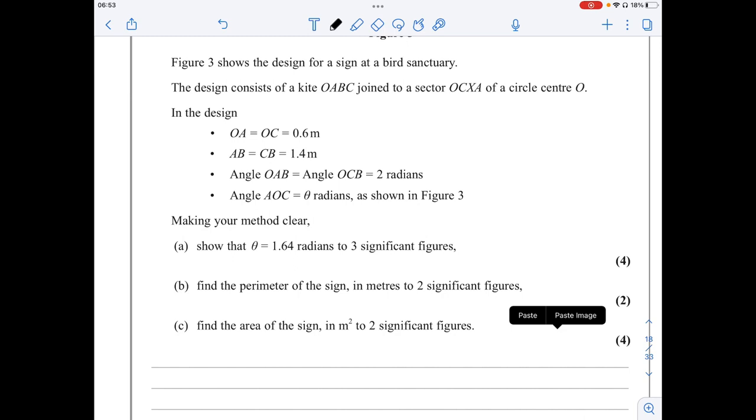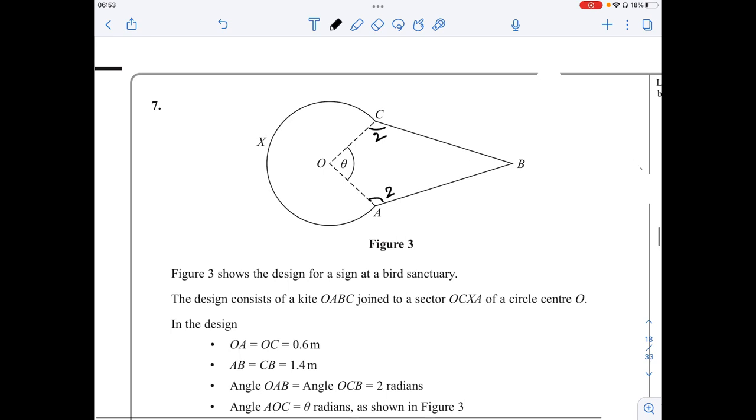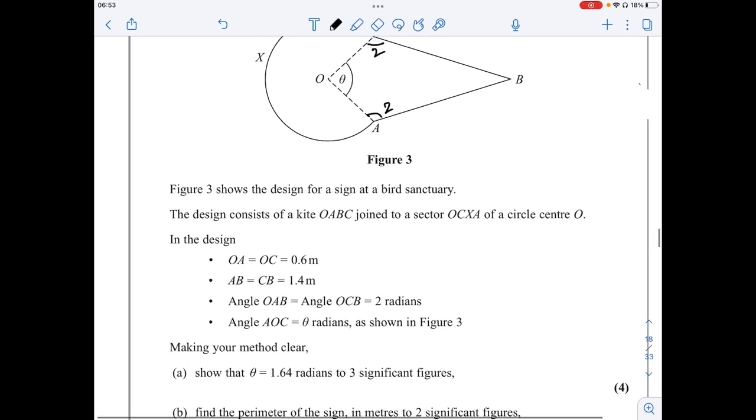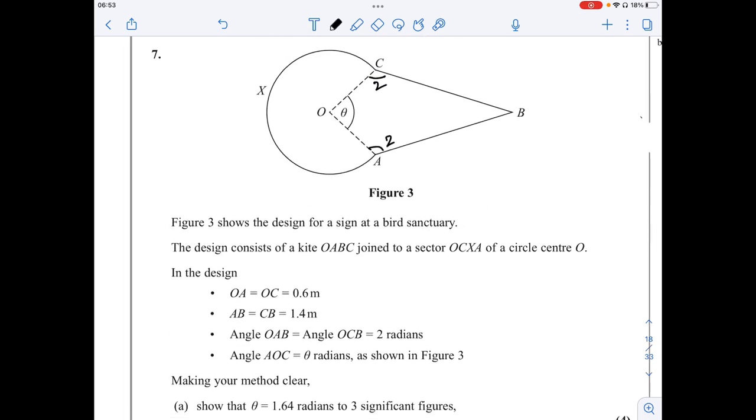So what am I going to do? First of all, I have to prove that theta is equal to 1.64. How should I prove that? First of all, I'll try to find OB, because AB and BC are 1.4. This is 1.4, 1.4, and OC is 0.6 and 0.6.